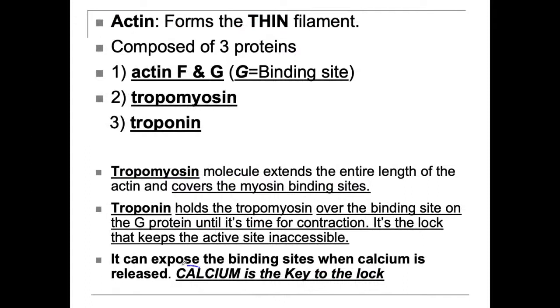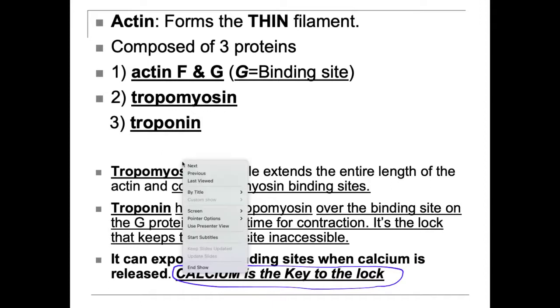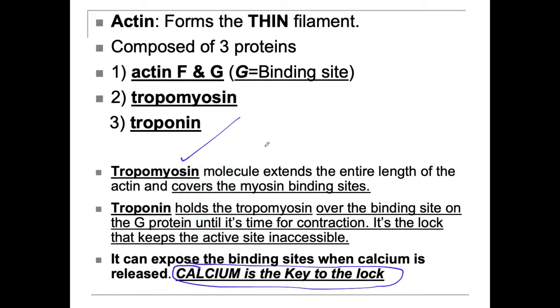And then calcium at the bottom here, calcium is the key or the staple remover that removes troponin so that the tropomyosin shifts out of the way. So tropomyosin is going to extend the entire length of actin and it covers the binding sites. Troponin holds, it's the staple, it holds the tropomyosin over the binding site.